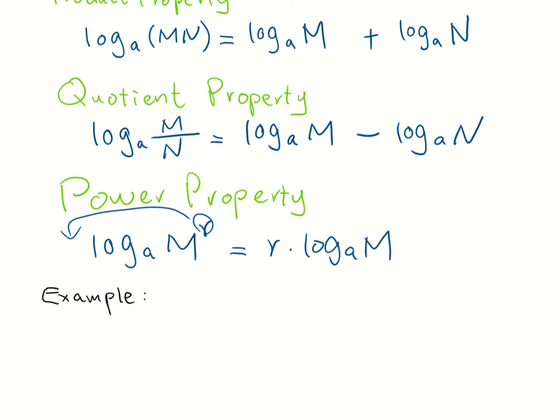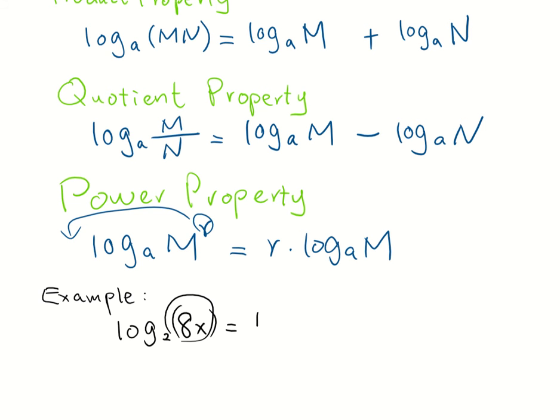Now I'm going to give you some examples. If we have a logarithm, log with base 2 of 8x, we can use the product property to write this as the sum of two logarithms because the argument part is a product.